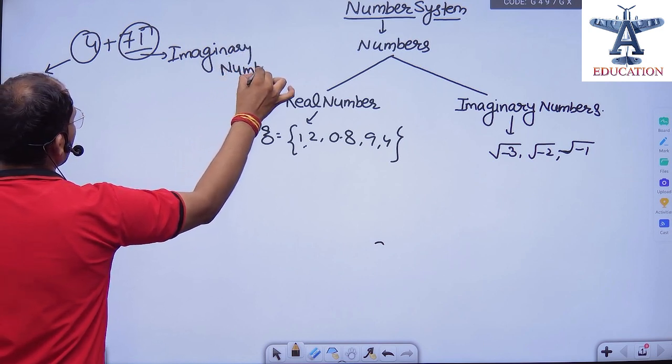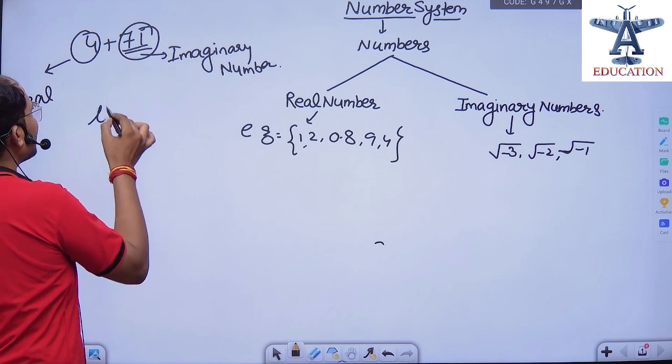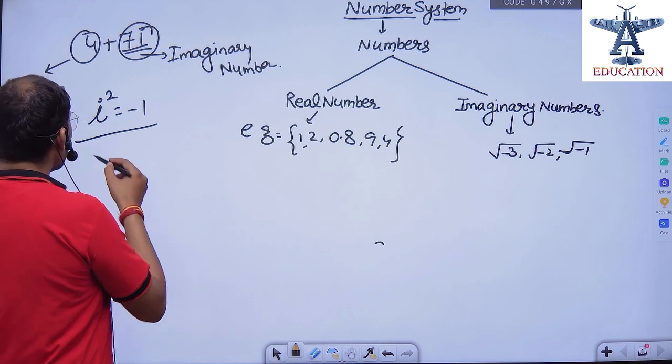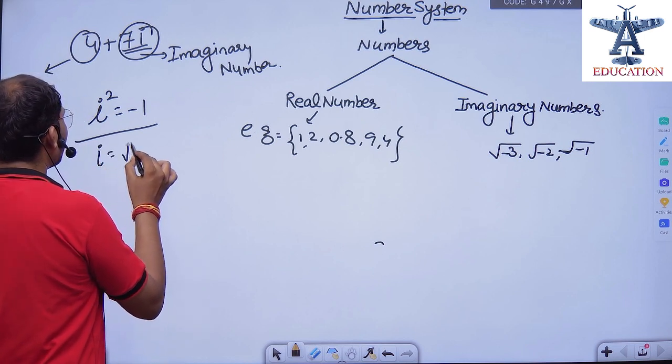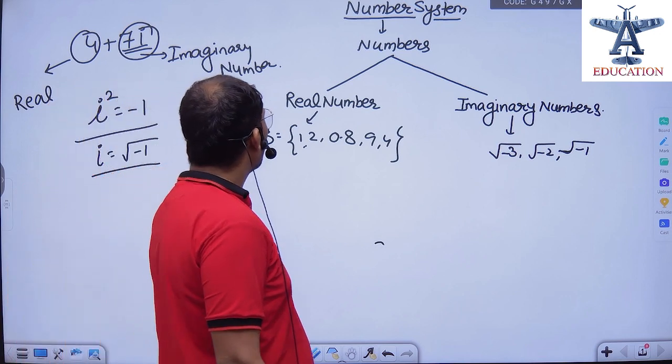Normally, imaginary numbers are represented with iota. In this situation, iota square is equal to minus 1, or you can say iota is equal to square root of minus 1. Okay.